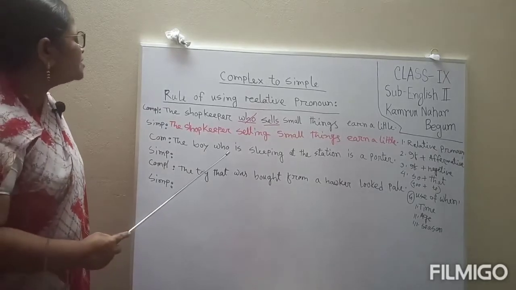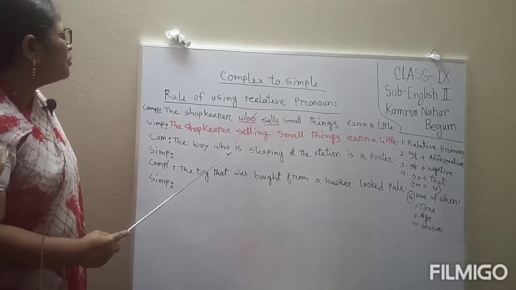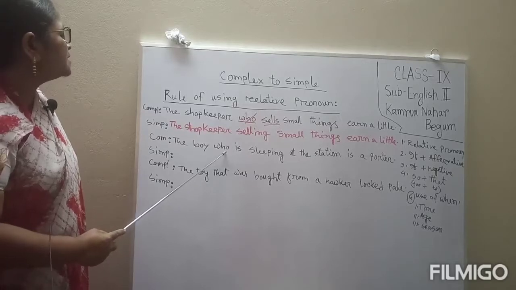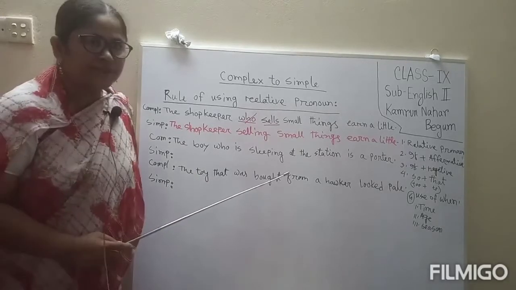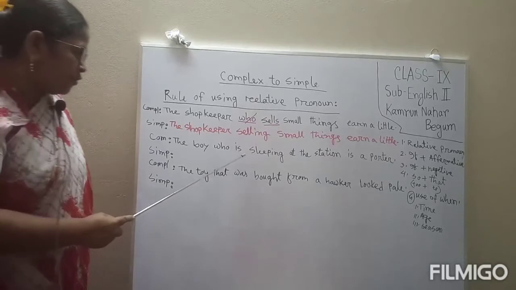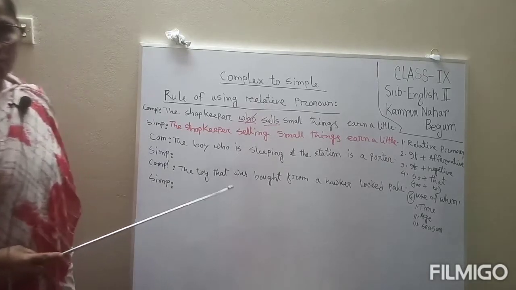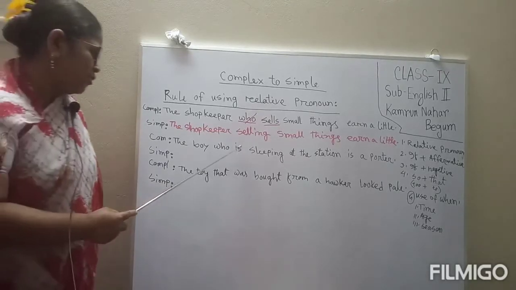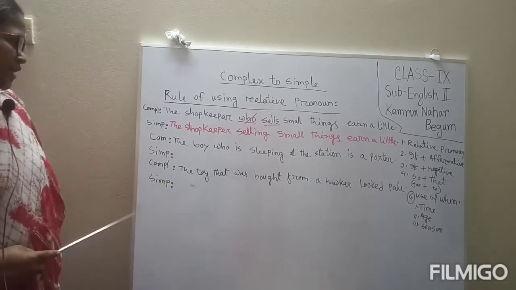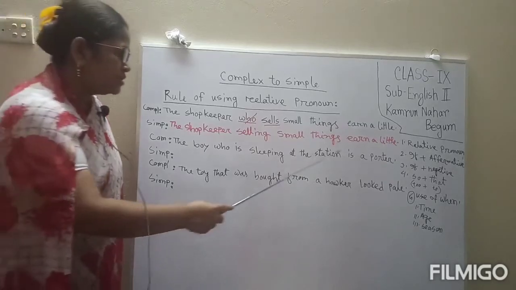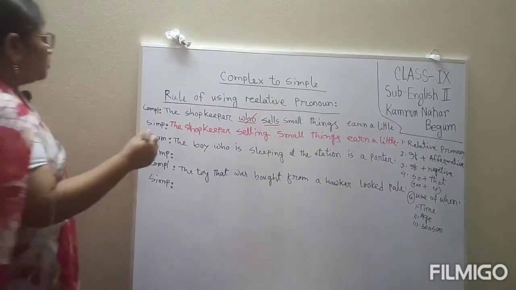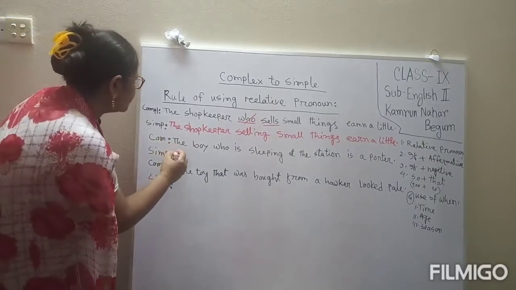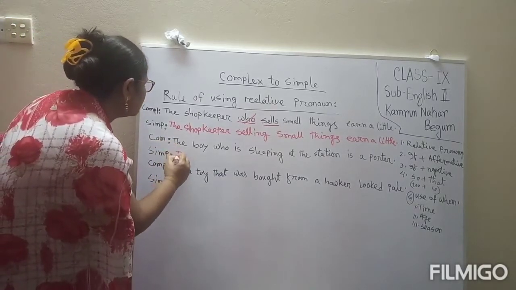We will vanish, like before, who because it is a relative pronoun. Also, we can see here another auxiliary verb. We also will vanish the auxiliary verb. Then write what the sentence has. Now we can try to make the simple sentence.